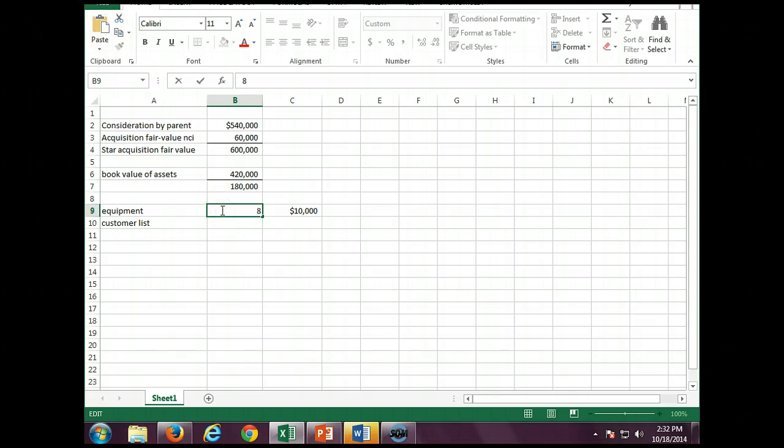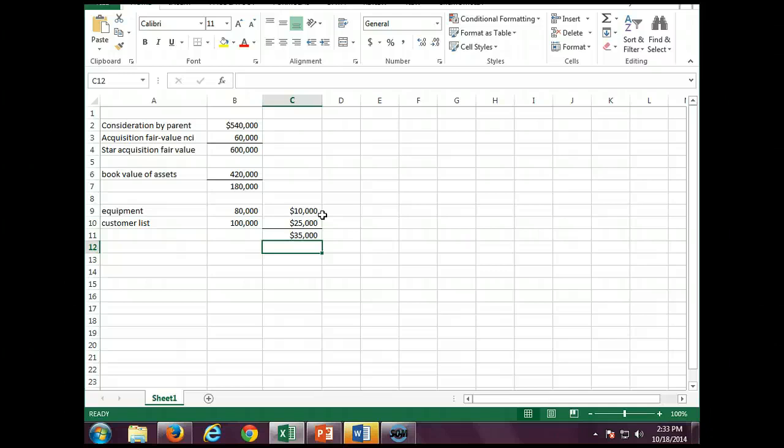This was equipment of 80. So our customer list is going to be the difference of that minus that, or 100,000. This had a 4-year life. What do we have to amortize this each year? 25,000? Does that make sense? So don't we need to amortize 35,000 a year? Okay?